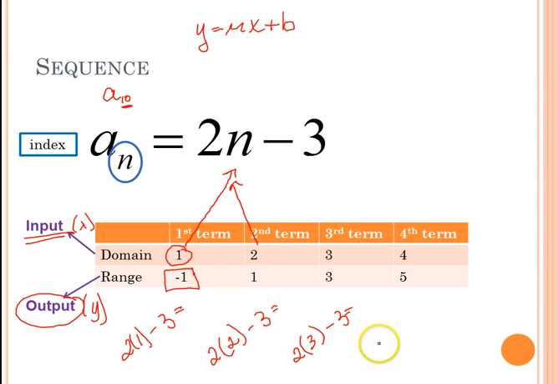Same thing, fourth term. I could keep going. 2 times 4 minus 3. 2 times 4 is 8. Minus 3 is 5. Okay, so domain, it's the term, where you're at. Range is what the sequence gives you, what the function gives you in return. That's your output.